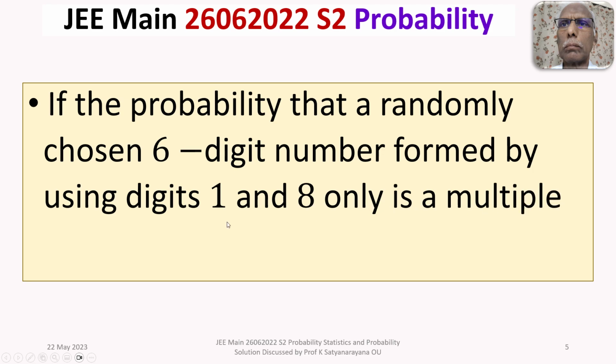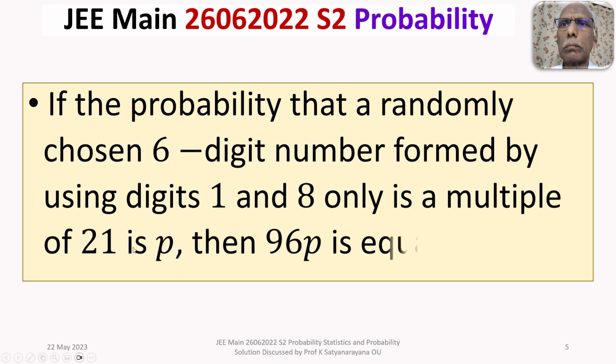only is a multiple of 21 is P, then 96 times P is equal to. We have to first form the 6-digit numbers using the digits 1 and 8 only. Use the digits 1 and 8 and form all 6-digit numbers.